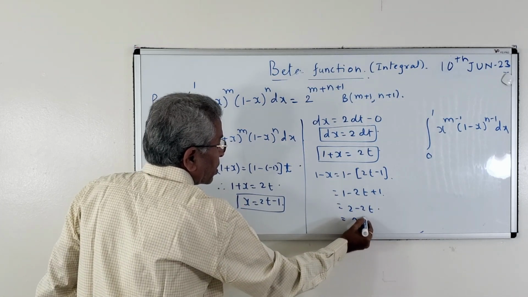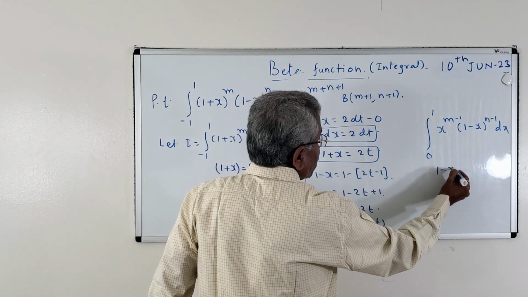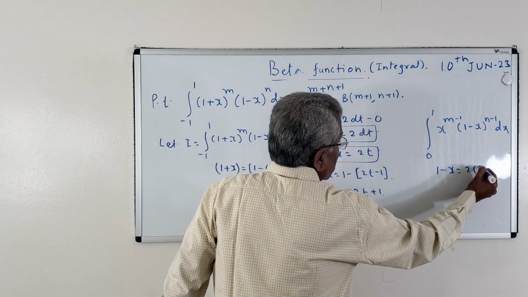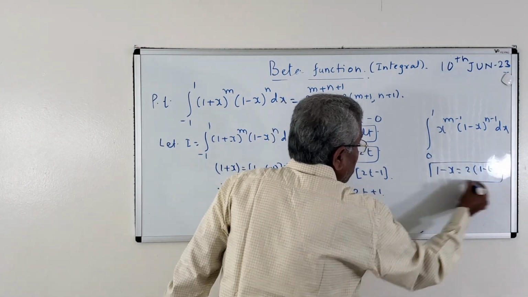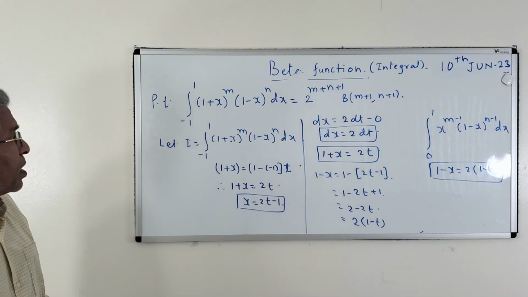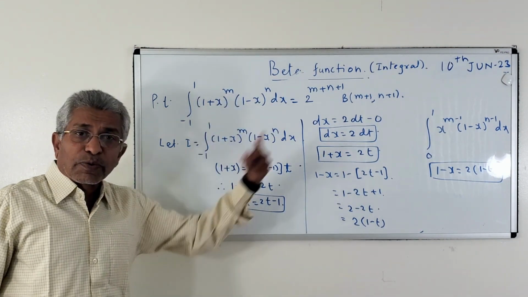Taking 2 common, 2 into 1 minus t. That is the value of 1 minus x. In this way, express x and every factor in terms of the new variable.